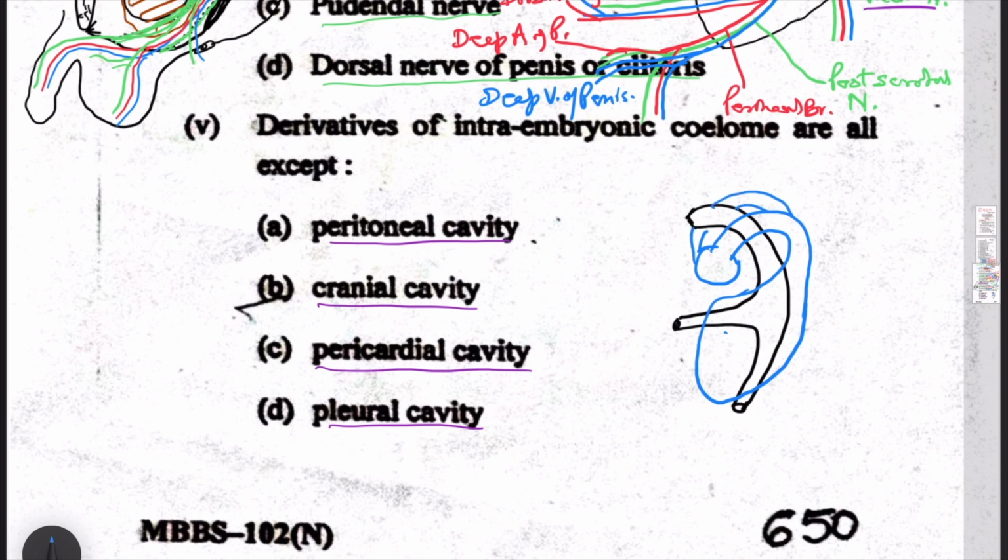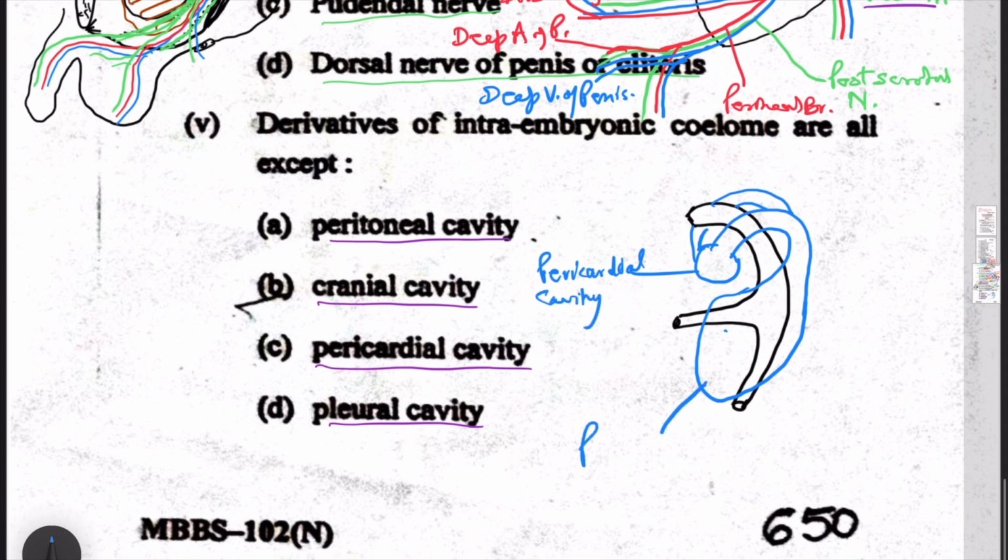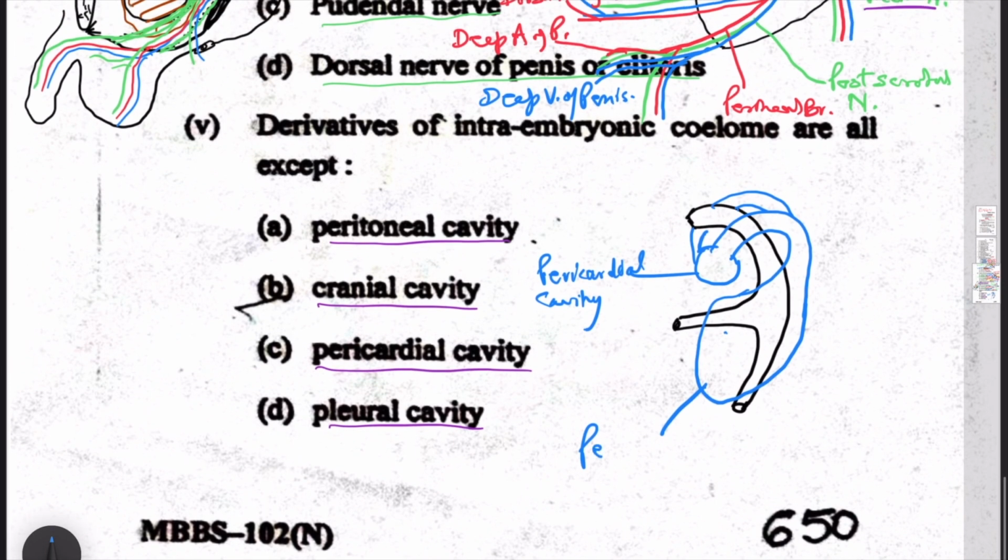So this is called the intraembryonic coelom. The intraembryonic coelom forms three cavities. This is called the pericardial cavity, and this will be called the peritoneal cavity.